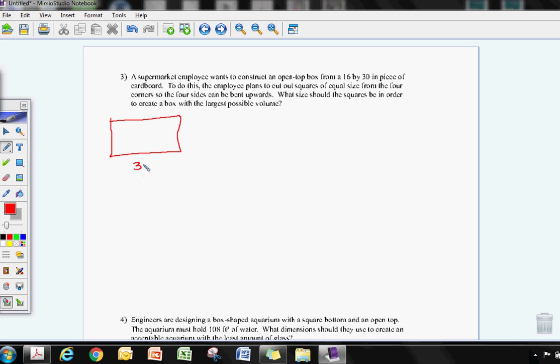Okay, 30 inches here, it's longer, 16 inches here. And now what the employee is going to do is cut out those 4 corners, and he wants to know the largest possible volume. So your primary equation is going to be volume equals length times width times height.